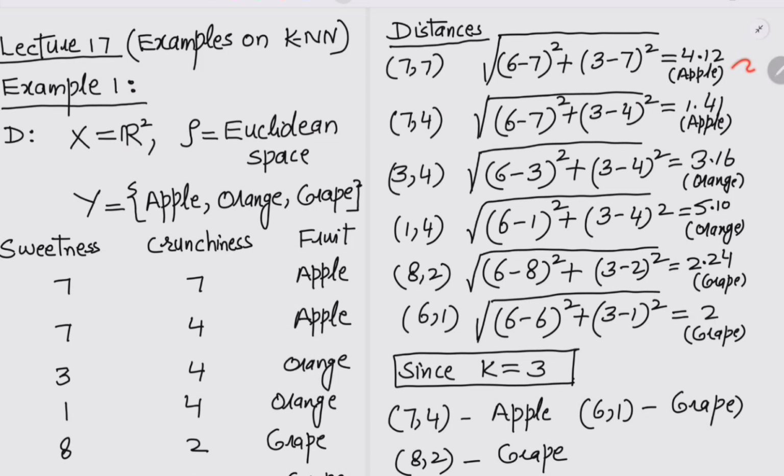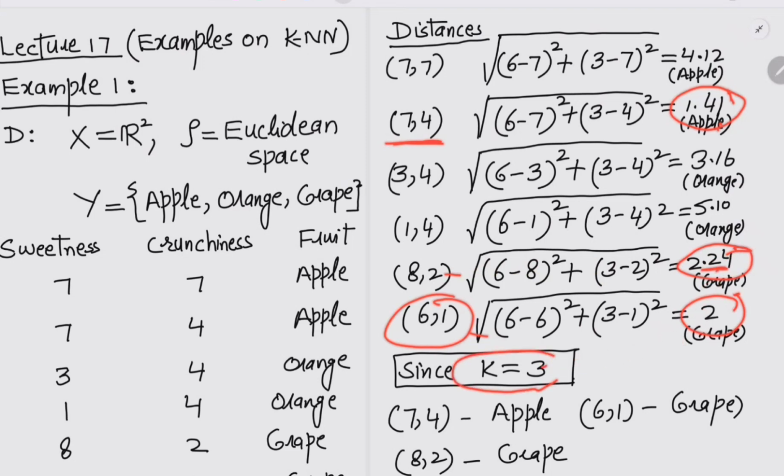For example, here if you just look at all the distances, you will find that 7, 4 has a distance of 1.41, which is the least one. And then we have 6, 1, which has distance 2, and 8, 2 has a distance of 2.24.